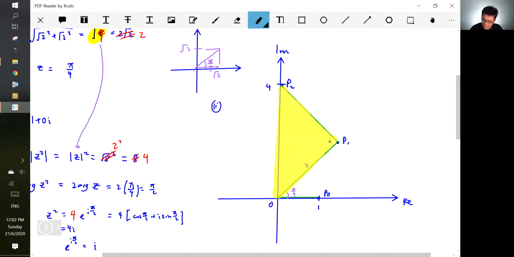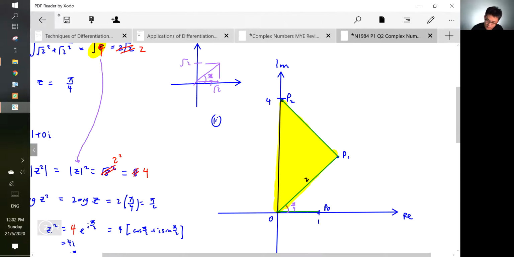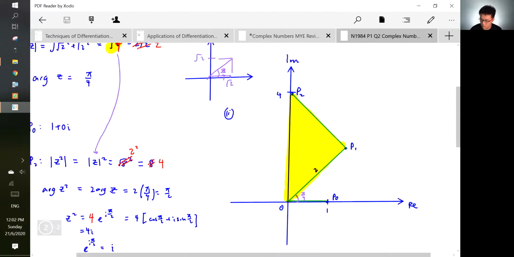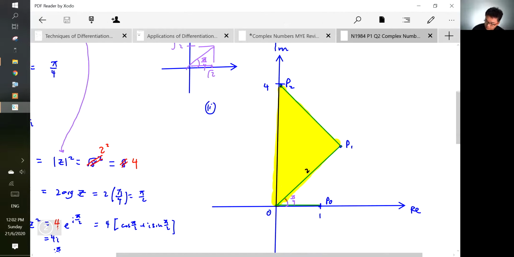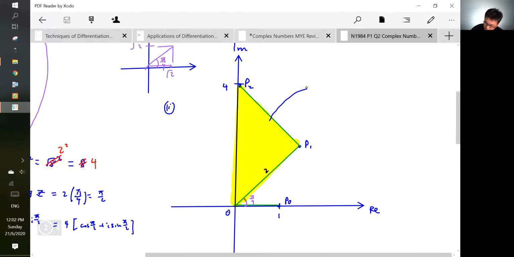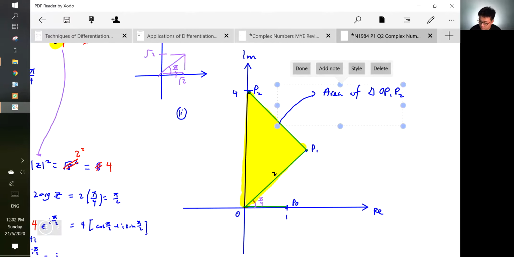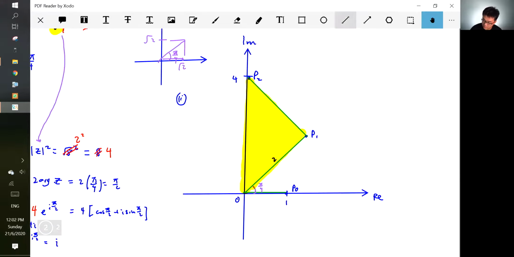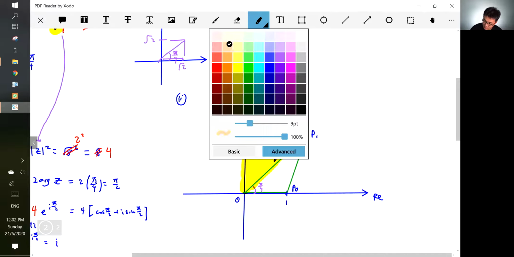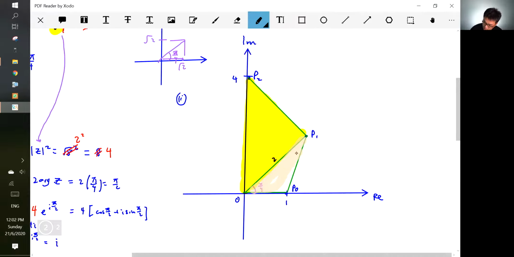It's quite okay. It's geometrical. You can solve this.